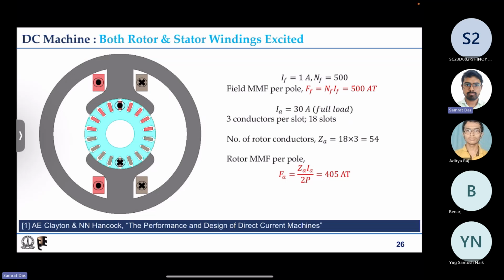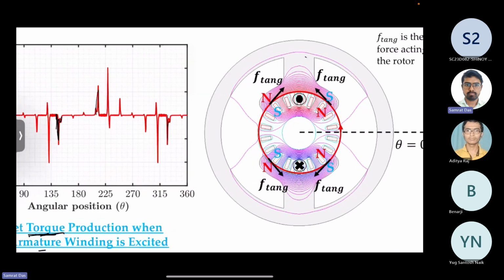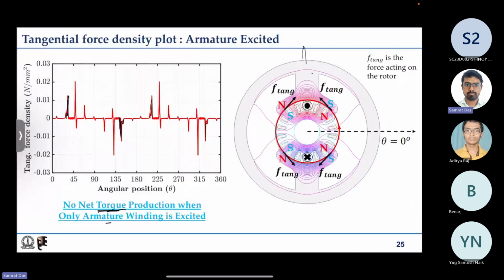This scenario applies to other machines also, like the synchronous machine or induction machine. We have discussed the stator magnetic field and rotor magnetic field separately; that is what we have done till now. The stator magnetic field is along the vertical axis, and the rotor magnetic field is along the horizontal axis. So in the induction machine or synchronous machine also, we had two fields, and we looked at them separately.